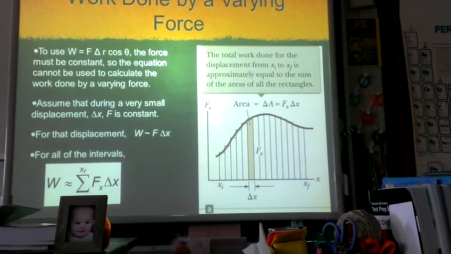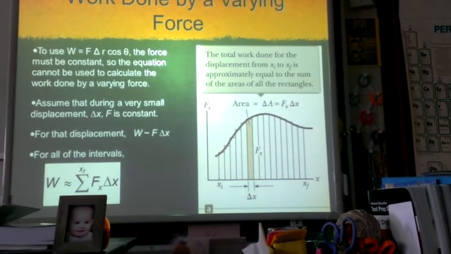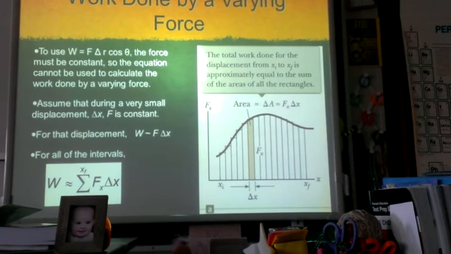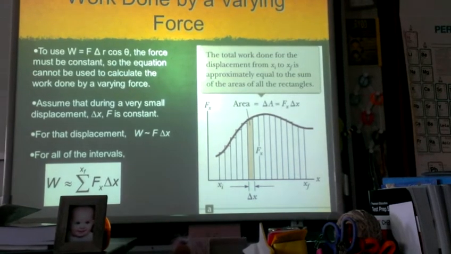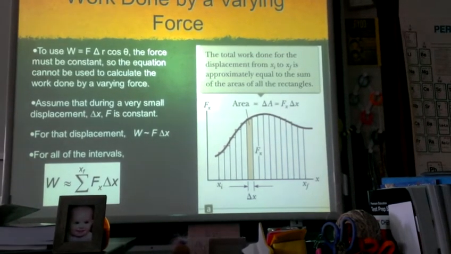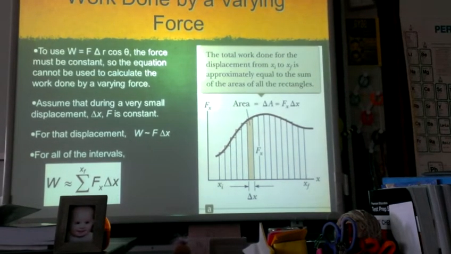So for that one particular displacement, work is going to be equal to the force that's being applied times its displacement delta x. So for all of the intervals, work is going to be equal to the sum of all of these forces times their displacements.